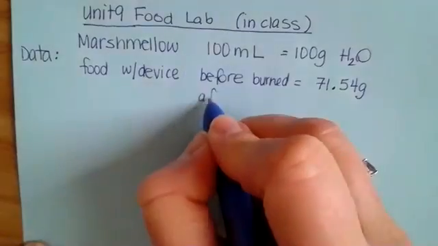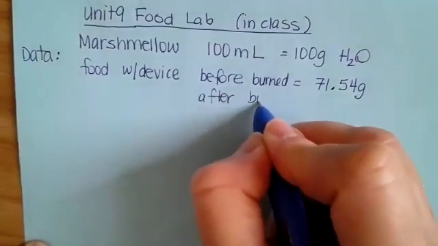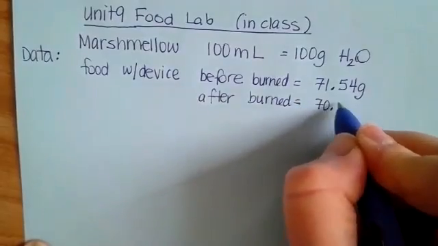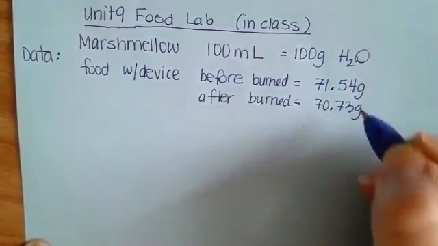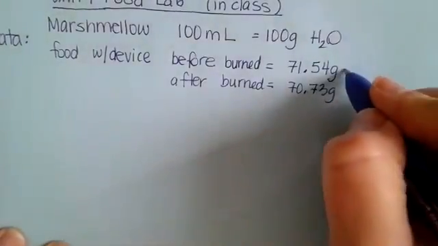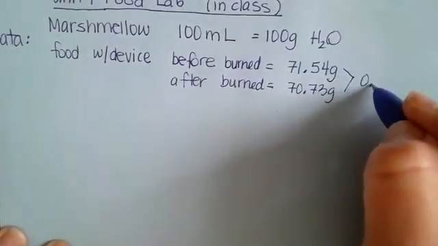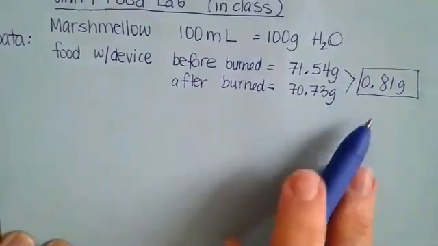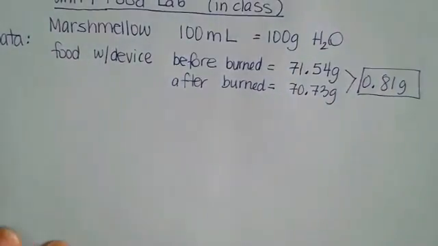And then after it was burned, it measured 70.73 grams. So the difference is 0.81 grams. So this is how much we burned. And that's the important value, the end result, the difference between the two.